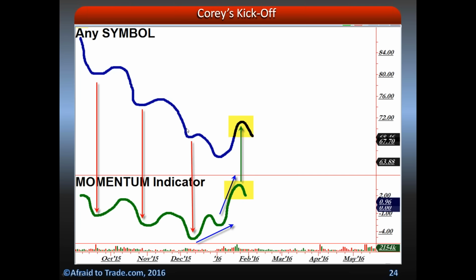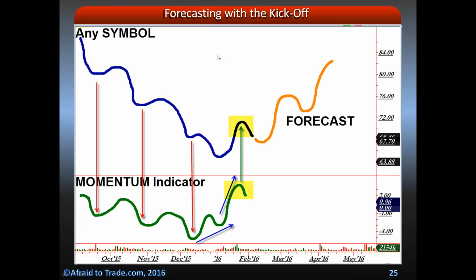There's the divergence, and price is at a new low, but it swings on up. There's your highest buy volume. There's your highest momentum, and it gives us a forecast. If this yellow stuff aligns and happens in real time, could be a 5-minute chart, could be a monthly chart, could be a daily chart, any market, any symbol, any indicator, or any time frame, this is going to probably be the forecast that the market will pull back, make a higher low, and will eventually go higher.